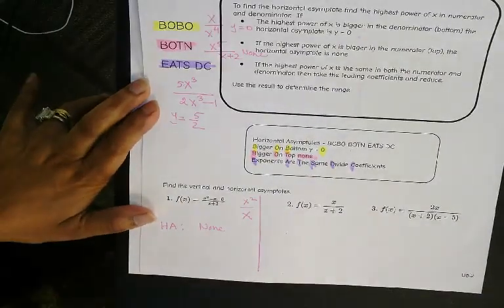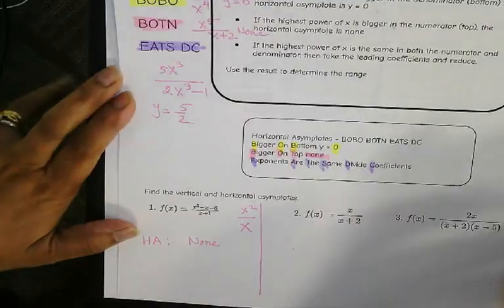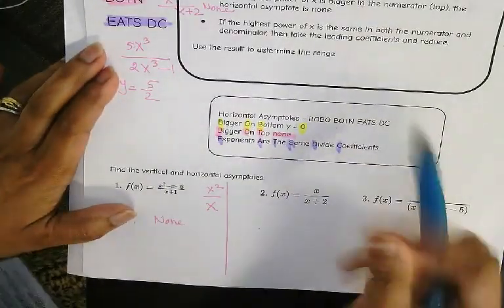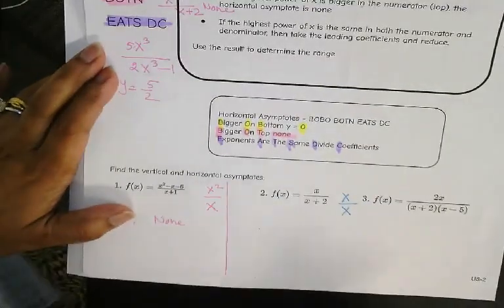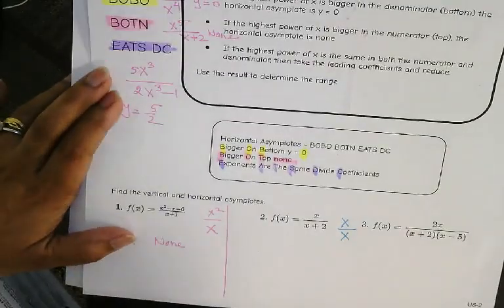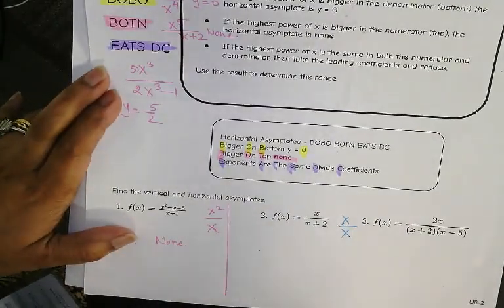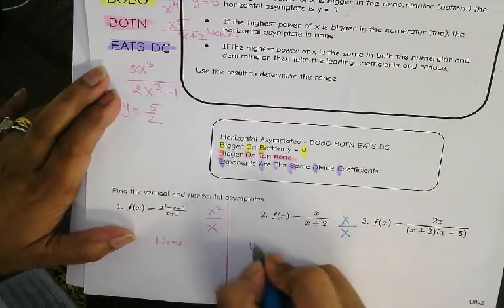Let's look at the next one. Number 2. Here, I'm writing it separately just to see it easier. X over x. So which one is it, BOBO, BOTN, or it's DC? It's DC because they have exactly the same thing. So what will be my horizontal asymptote?